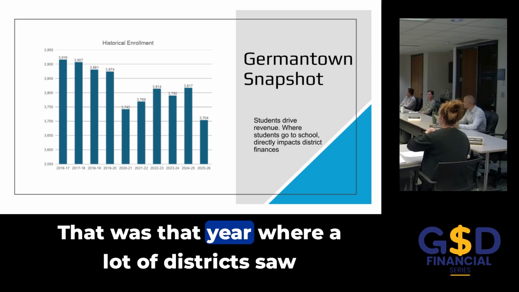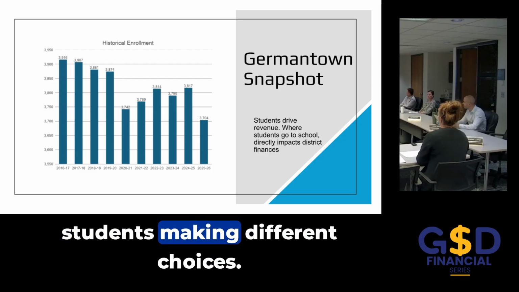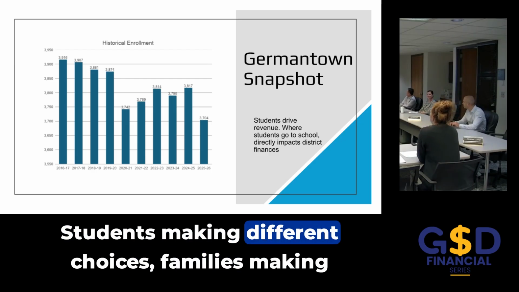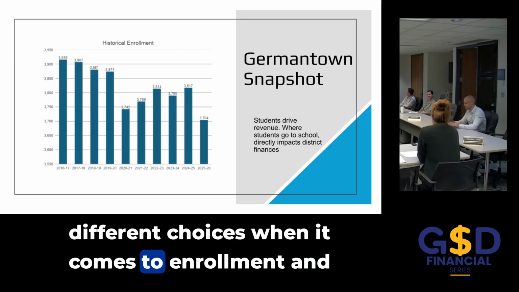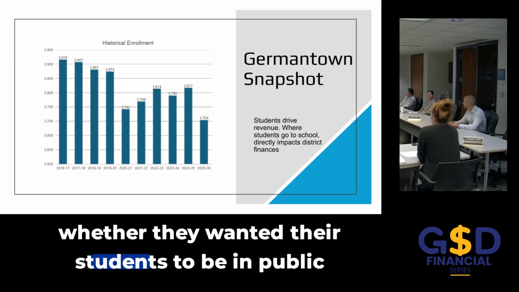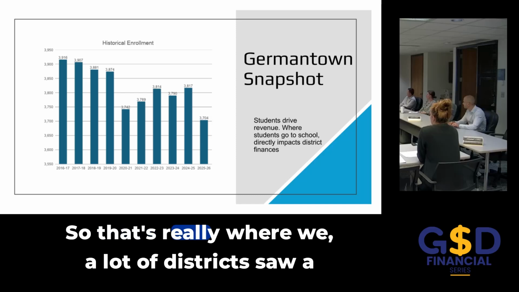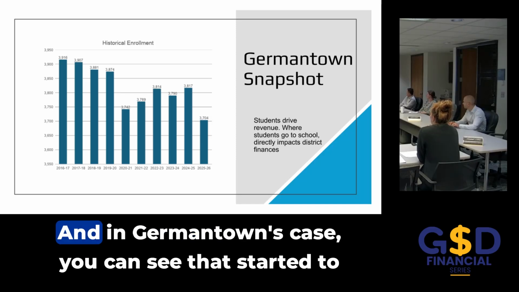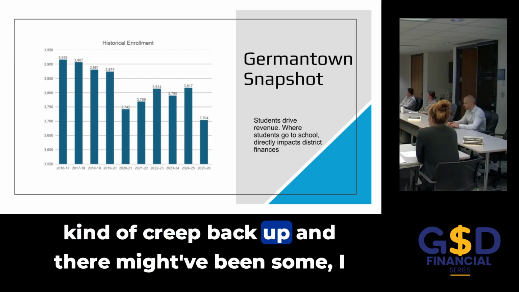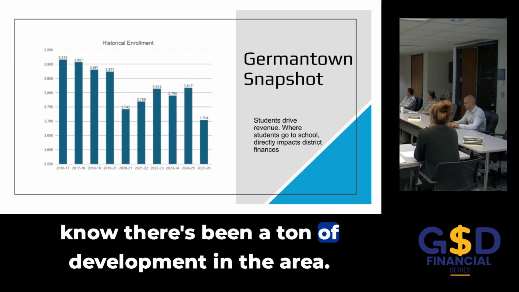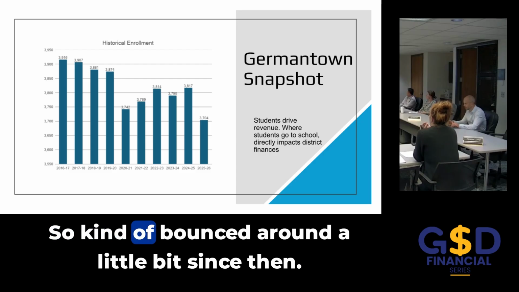That was that year where a lot of districts saw students making different choices, families making different choices when it comes to enrollment and whether they wanted their students to be in public schools or not. So that's really where a lot of districts saw a drastic dip. And in Germantown's case, you can see that started to kind of creep back up. And I know there's been a ton of development in the area, so it kind of bounced around a little bit since then.